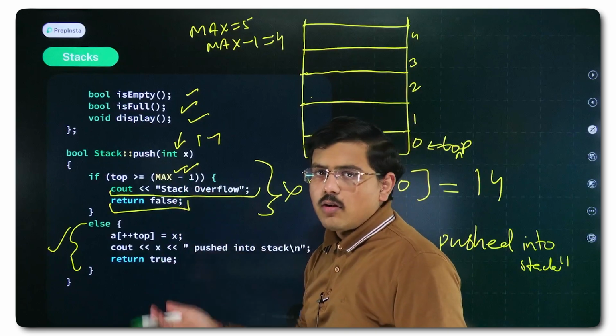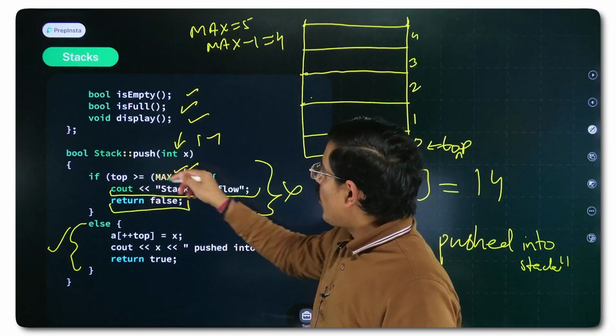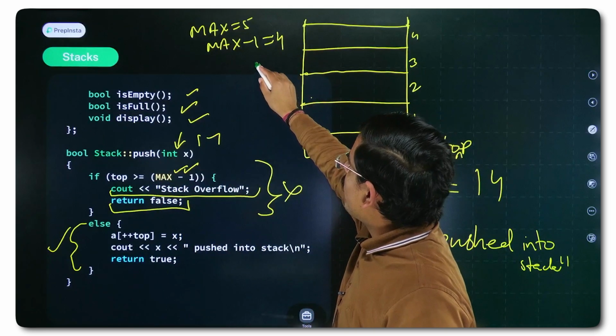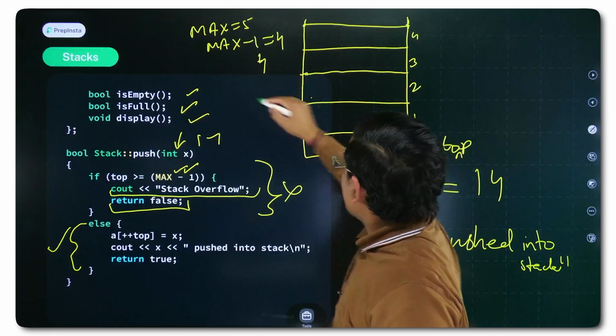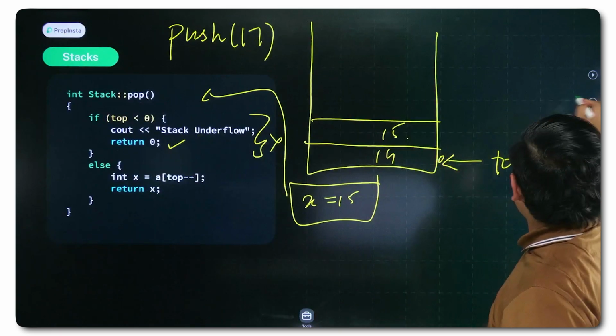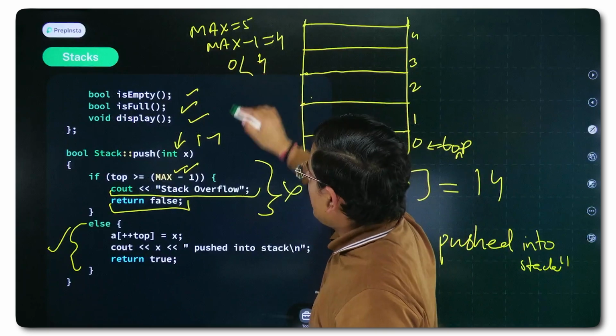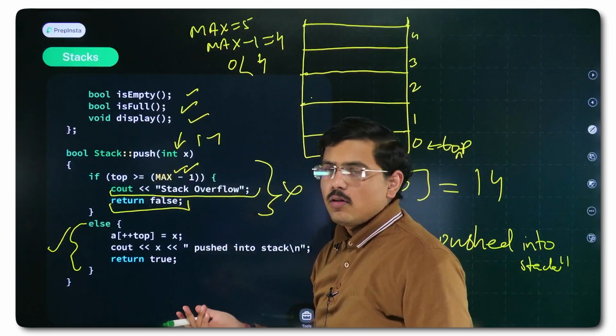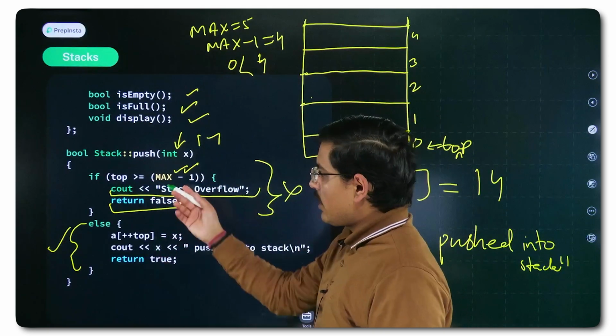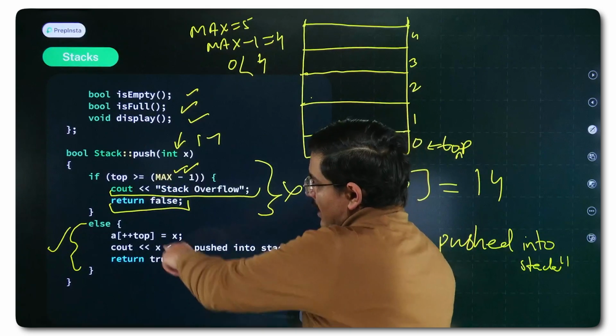No, it's not. Max is 5, so max - 1 is 4. Top right now is 0, which is less than 4. So this if block will not execute, and the else block will execute.